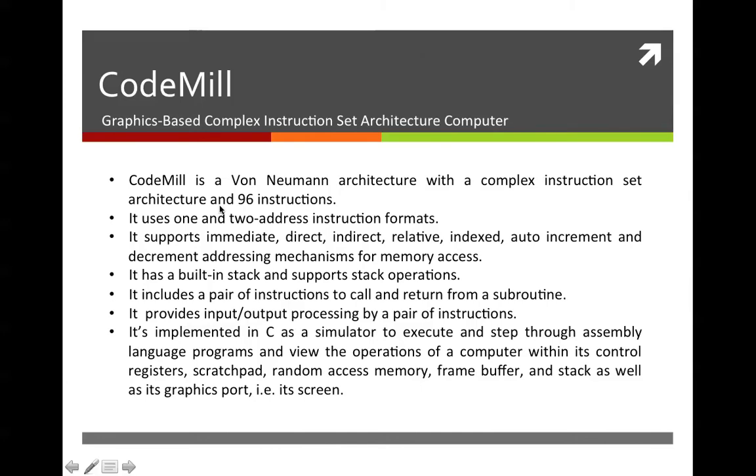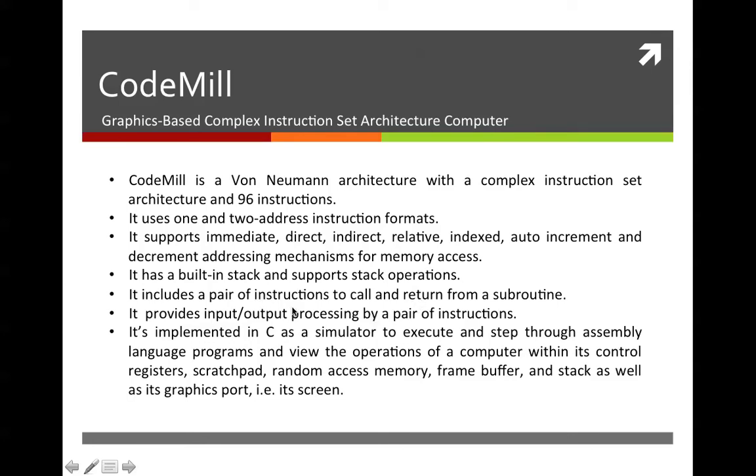It uses 1 and 2 address instruction formats. It supports immediate, direct, indirect, relative, indexed, auto-increment, and decrement addressing mechanisms for memory access. It has a built-in stack and supports stack operations.